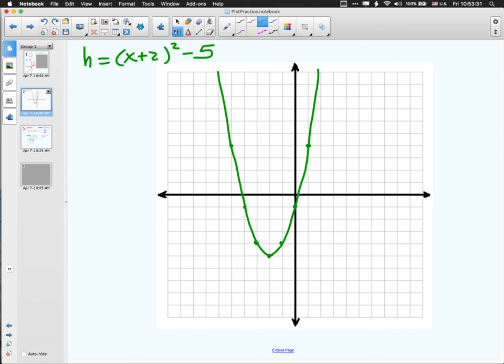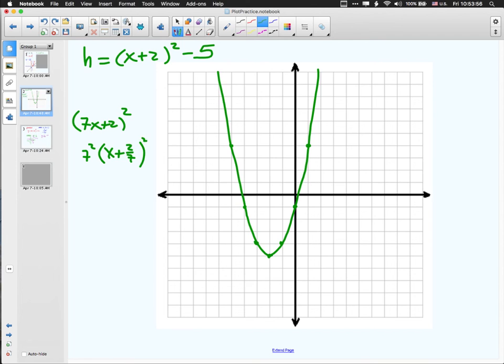If the 7 were inside, our first step would be to pull it outside, which would get ugly. If it were like 7x plus 2 squared, the first thing we'd have to do is factor out that 7. And of course, it's inside a square, so it'd be like 7 squared, and then it would be x plus 2/7, because we factored out a 7.